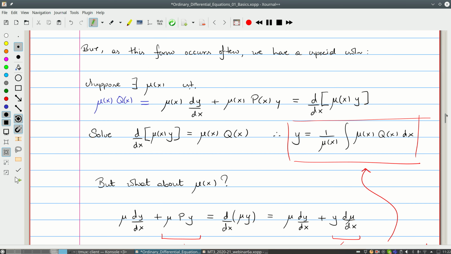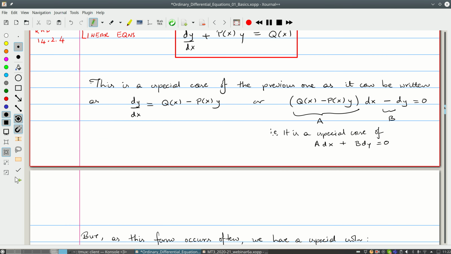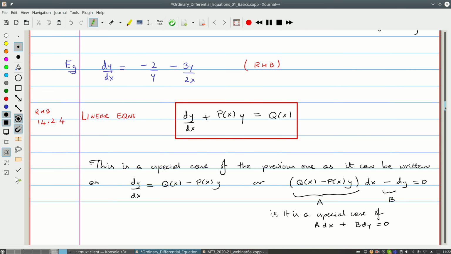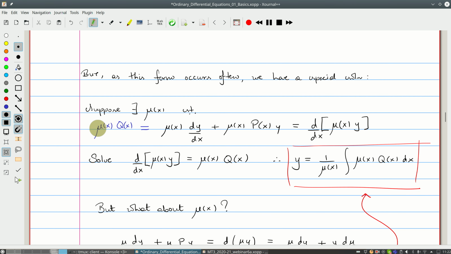Okay. Now once again here we are going to show that there exists, so you're going to suppose actually that there exists some integrating factor mu of x which allows us to do the following. If we multiply our differential equation by mu of x, then we get it into a particular form. So here's what the form is. We're going to multiply throughout by mu of x. So mu of x times q, bring the right hand side onto the left hand side here. That will be mu of x times dy by dx plus mu of x times p of x y.